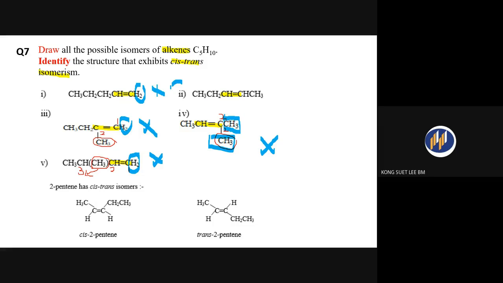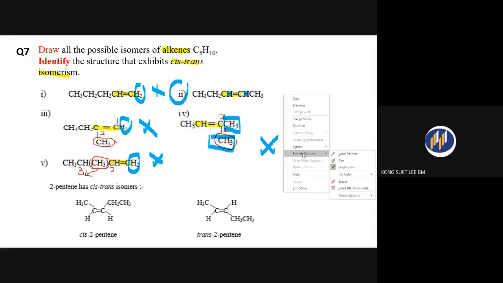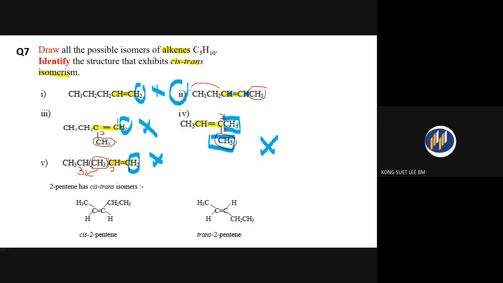That's why only structure 2 works. Look at structure 2: hydrogen, and then another one is CH3, another one is CH2CH3. So that's why only structure 2 can form cis trans isomers.